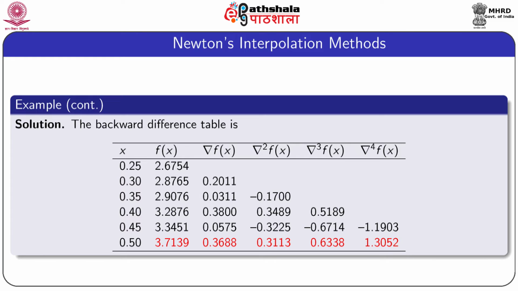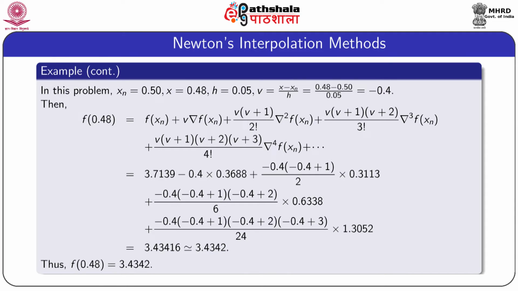Here the red marked values are used in the backward interpolation formula. In this problem the last value is xn equal to 0.50, x equal to 0.48 is given, and we see that h equal to 0.05. So, v equal to (x minus xn) by h, and after simplification this becomes minus 0.4.